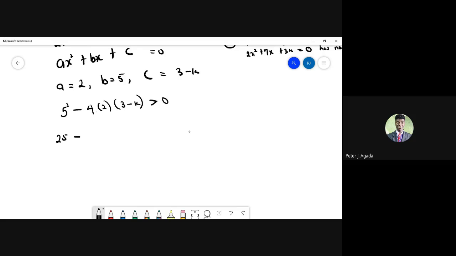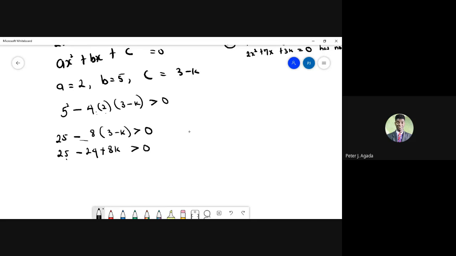If you have all of this together, let's try to do this first. Let's multiply 4 and 2. So that is 8. Open a parenthesis, 3 minus k, should be greater than 0. So 25, going further, negative 8 times 3, that's negative 24, plus 8k should be greater than 0. Let's try as much as possible to make k positive, so we don't have to flip anything to any side.